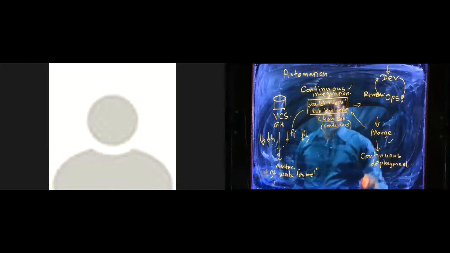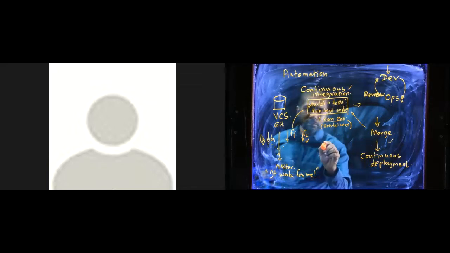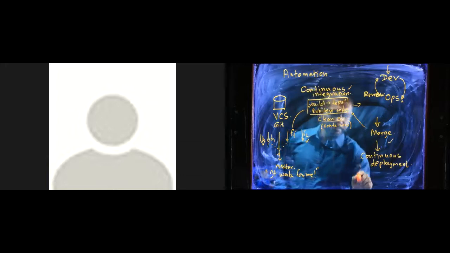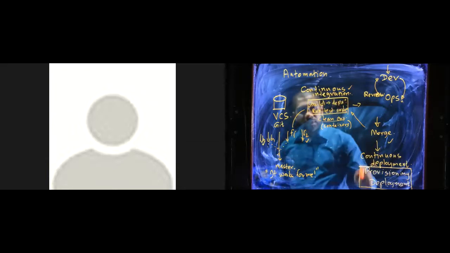And then what does the continuous deployment system do? It handles two things, which are provisioning and deployment. Your continuous deployment system may not deploy directly to production.